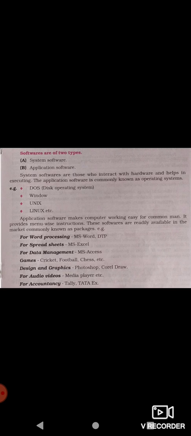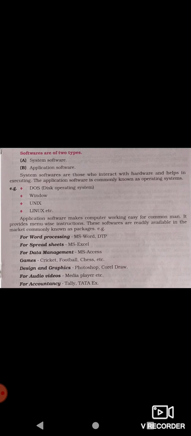Softwares are of two types: system software and application software. System software are those which interact with hardware and help in executing. The system software is commonly known as operating systems. Example: DOS, that's disk operating system, Windows, Unix, Linux, etc.